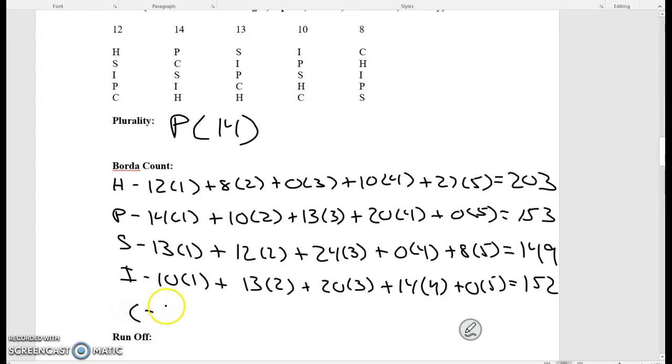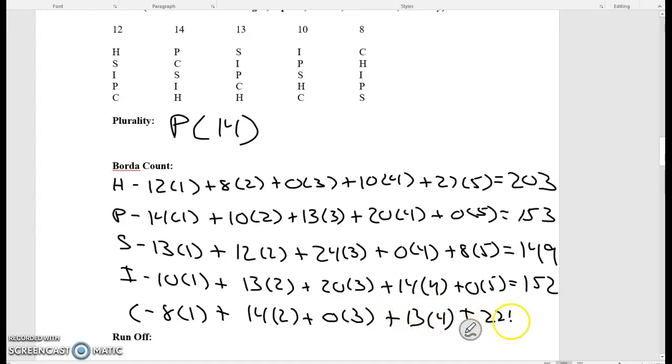And finally, C, 8 first place votes, 14 second place votes, 0 third place votes, 13 fourth place votes, 22 fifth place votes. Score of 198. So our winner there, it's the lowest score, S with 149.